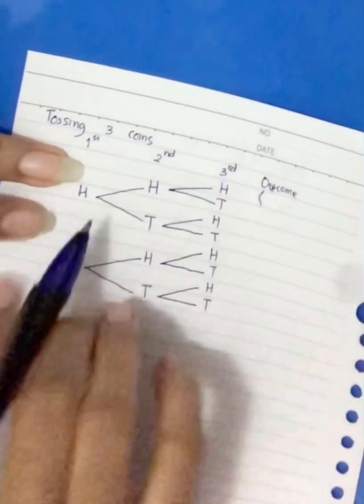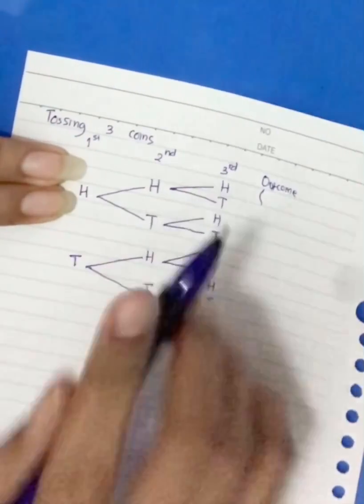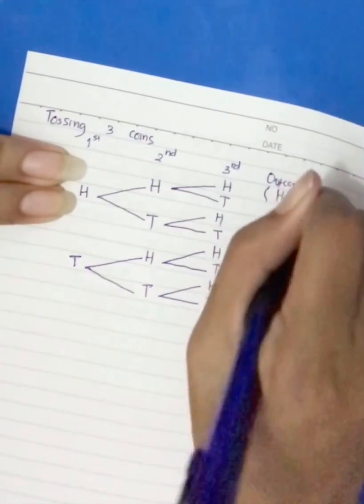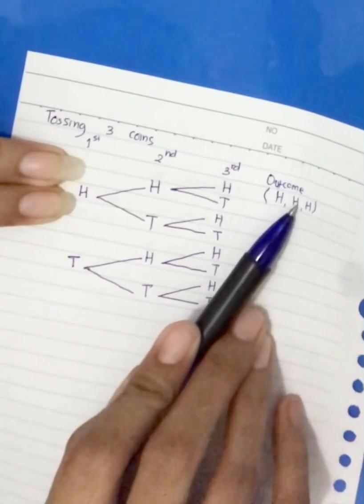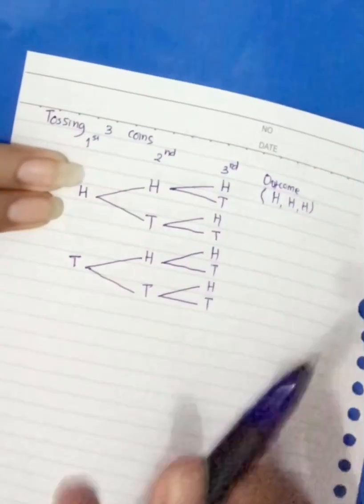So the first we have head, head, head. It means that the first coin is head, the second coin is head, and the third coin is head.